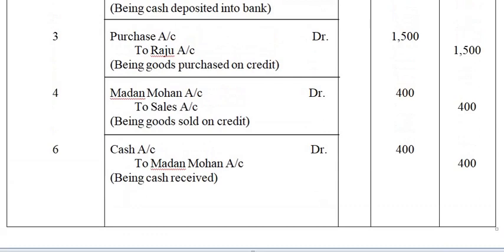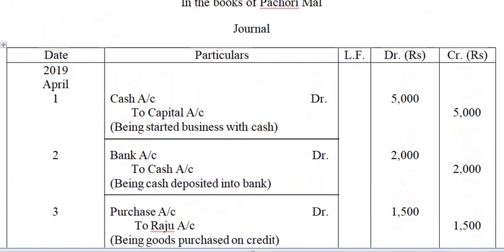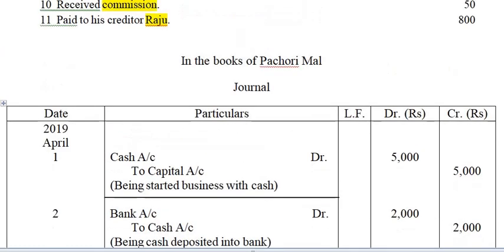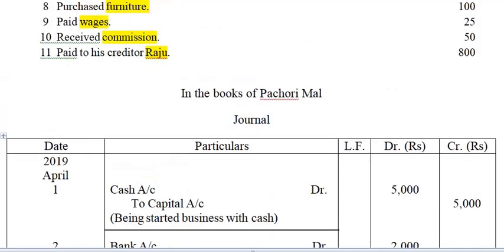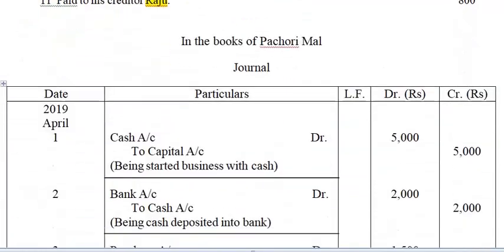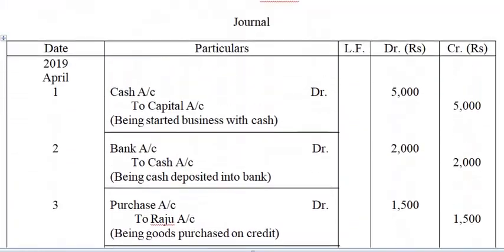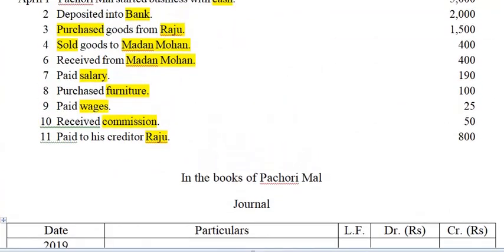This is called journal, okay, which is the primary book of entry. And each and every transaction, what you have recorded out here, is known as journal entry. Okay, so I hope you have understood how to prepare this journal entry from question number 2. So you can practice question number 1. Okay, you can try by yourself question number 1, question number 3 by yourself.